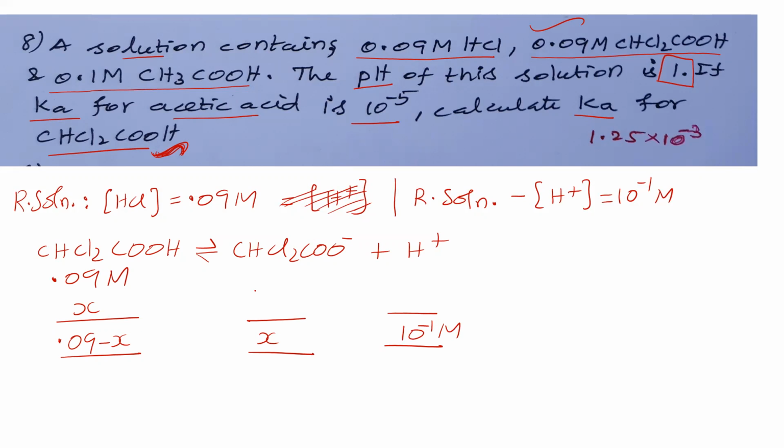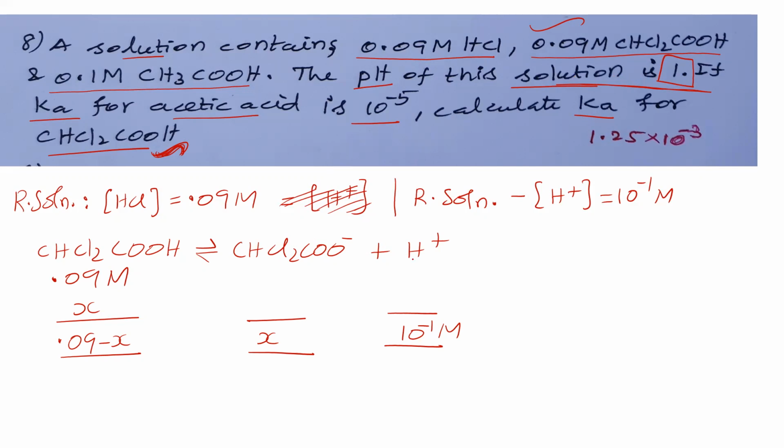Don't write X. Don't consider the HCl contribution, dichloroacetic acid contribution, acetic acid contribution, nothing you need not consider, because they said the pH of the solution is 1. The pH of the solution is 1 is given, isn't it?